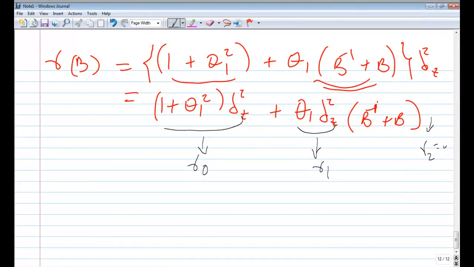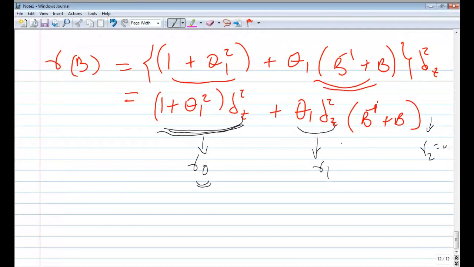Sir, what are the reasons again? Can you repeat the reasons for gamma 0, gamma 1 and gamma 2? Reason for gamma 0: why am I saying that this one is gamma 0? Because it's constant. It doesn't depend on B inverse and so on. That's why you call it gamma 0.